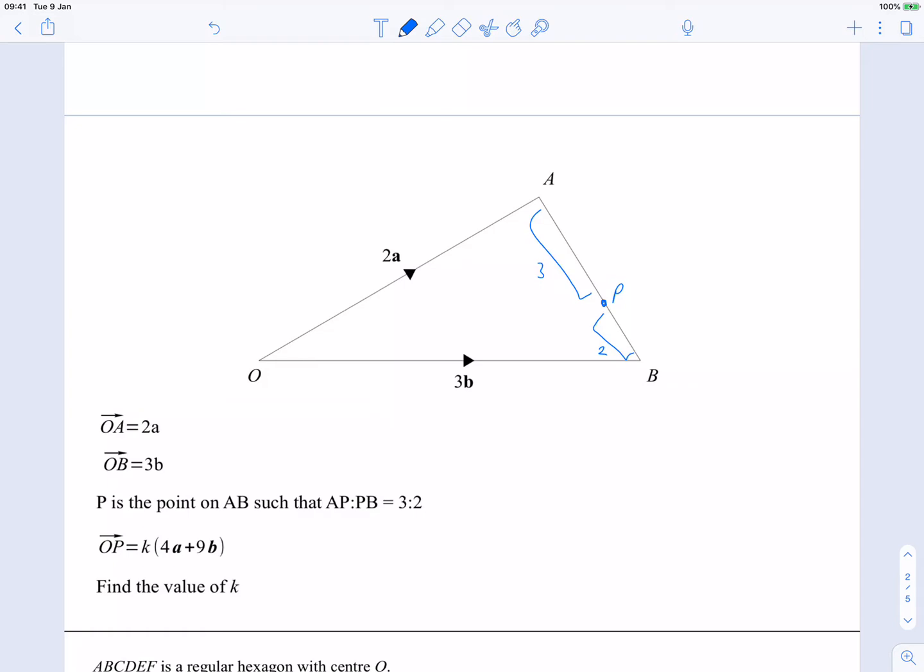Another way of looking at this is, it depends how good your ratios are. If it's in the ratio of 3 to 2, then that's 3/5 to 2/5. I add the 3 and 2 together, so that means 3/5 of the total distance of A to B is A to P, and 2/5 of the total distance of A to B is P to B.